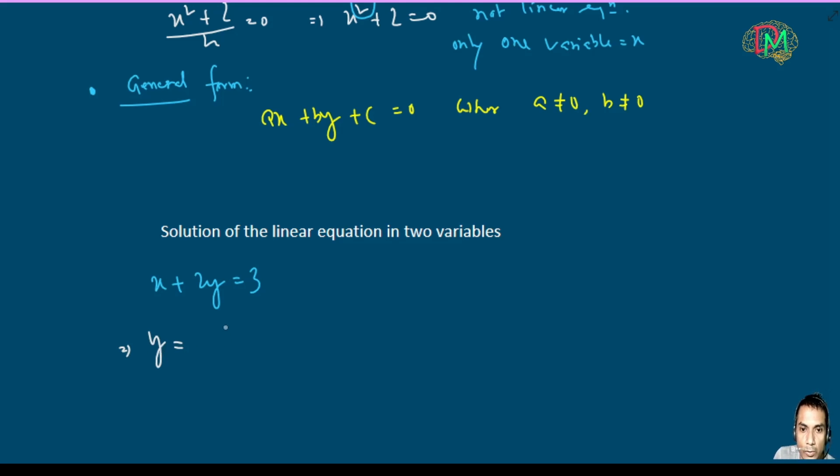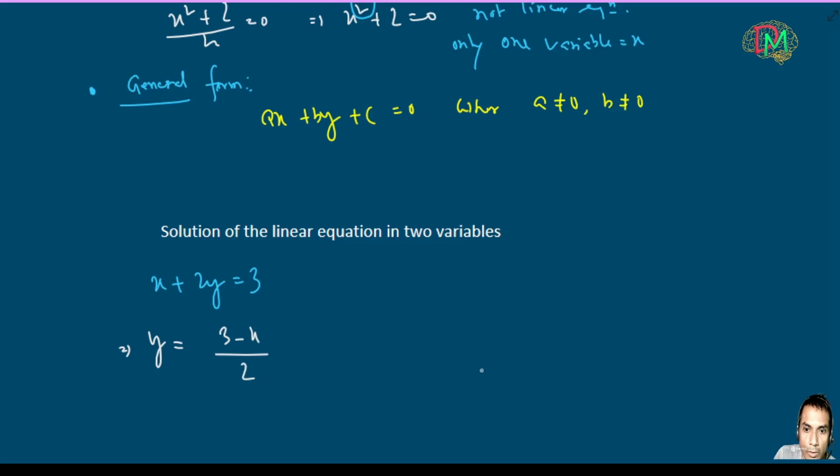Y is equal to 3 minus x by 2. Clear? If we transfer x to the right side, it becomes minus x, so 3 minus x, and the 2 which is multiplying here becomes division when transferred, so 2 will be in the denominator. Okay, done.